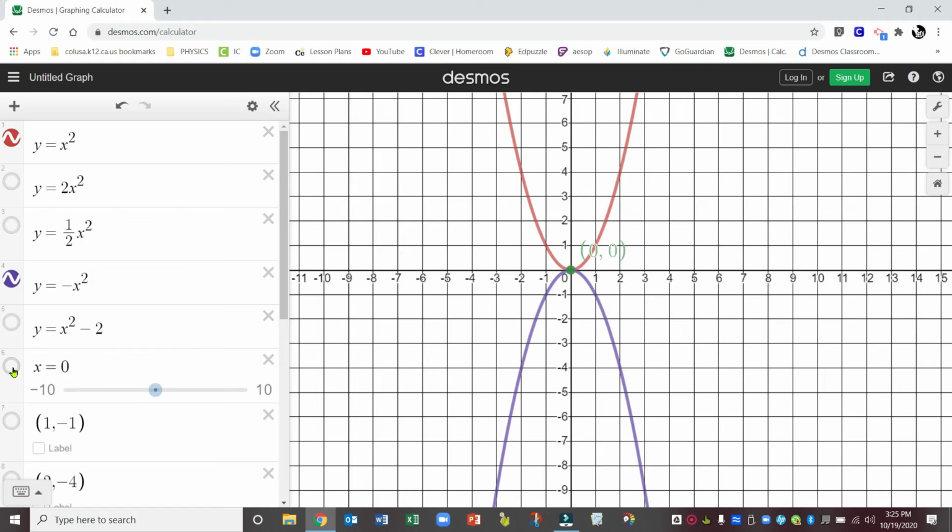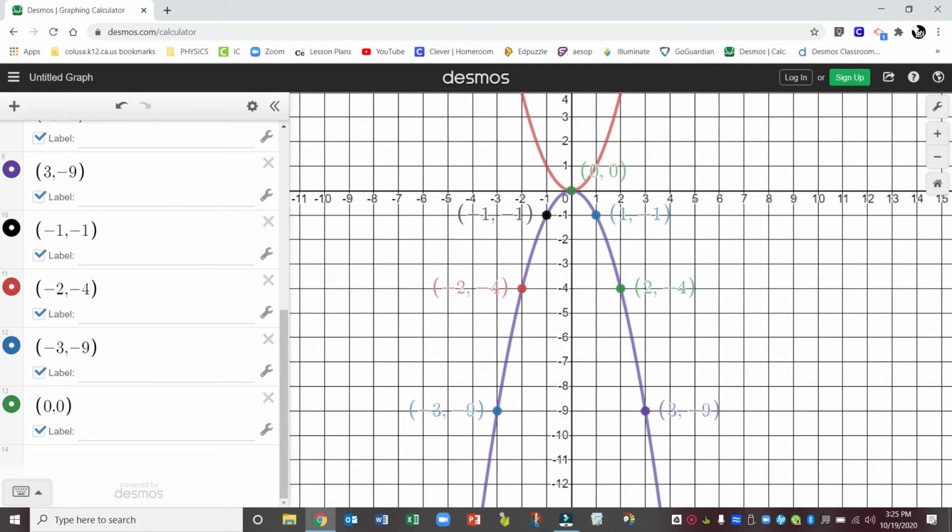The main difference between the parent function and the purple function is the domain and the range and whether they're increasing or decreasing. So remember, when we're trying to describe the domain of the purple function, we want to know all of the possible x values of all of the points that could be on the graph.